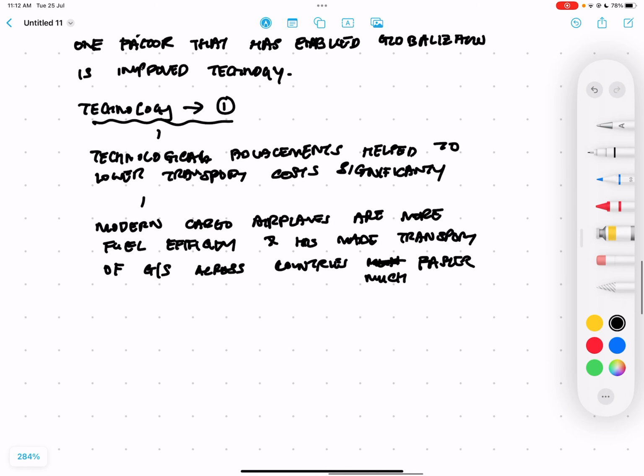That's one. And then we also have the emergence of container shipping. Container shipping allows companies to reap internal economies of scale.